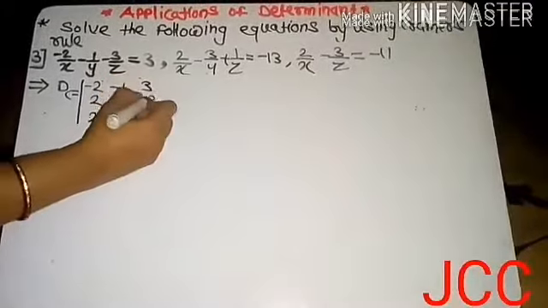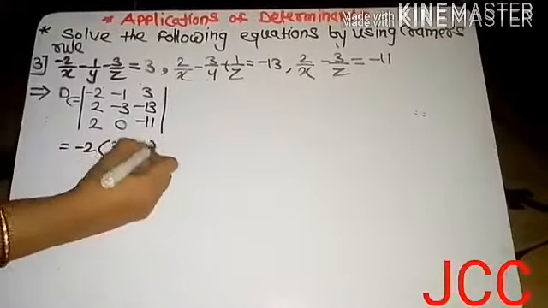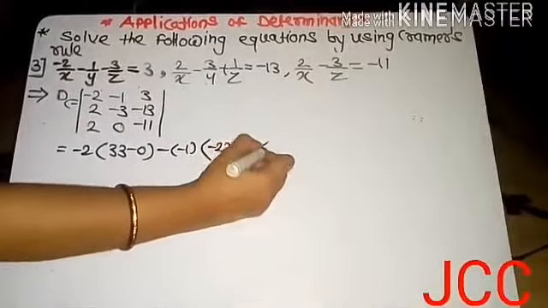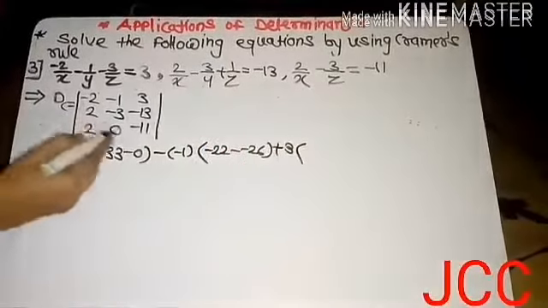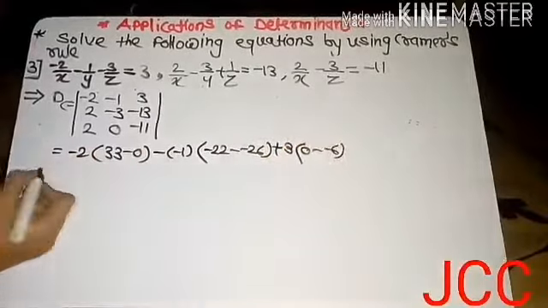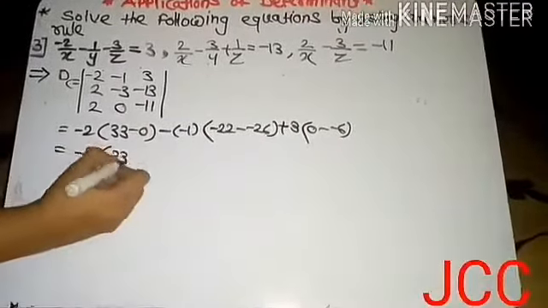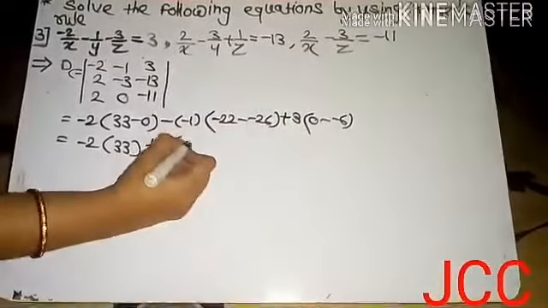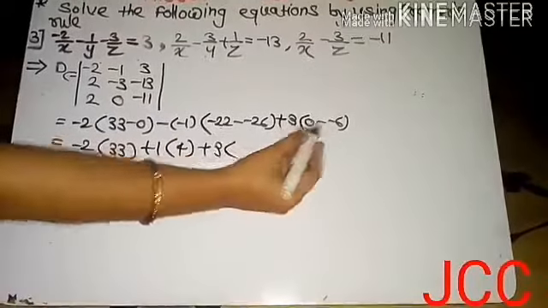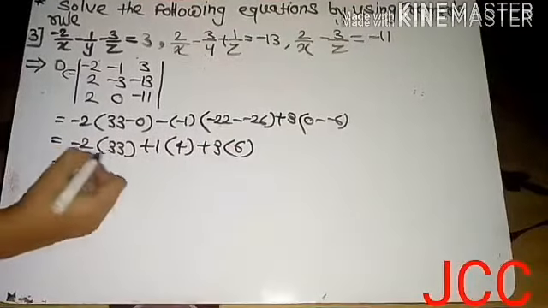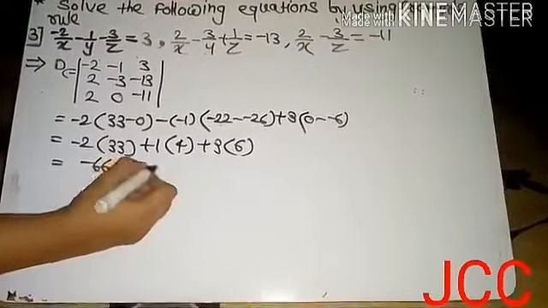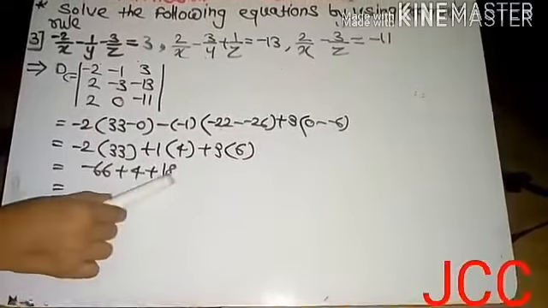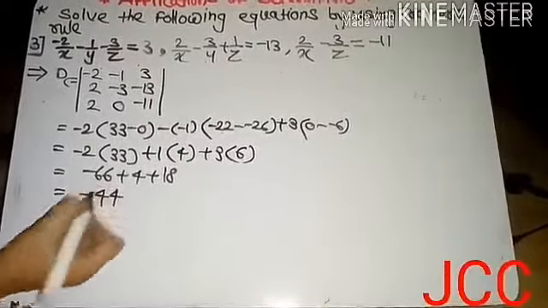Then we get minus 2 (33 minus 0), minus 1 (minus 22 minus 26), and plus 3 (0 minus 6), is equal to minus 2 into 33, plus 1 times (minus 22 plus 26 is 4), plus 3 into minus 6, is equal to minus 66 plus 4 plus 6 into 3, 18, is equal to minus 66 plus 4 plus 18, is minus 44.